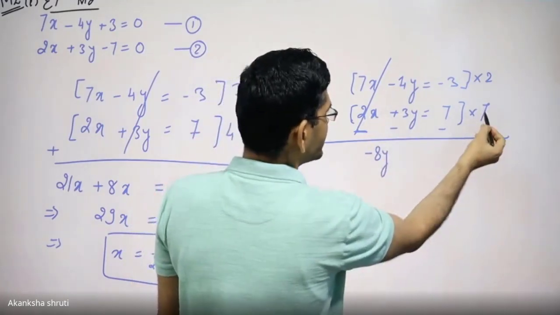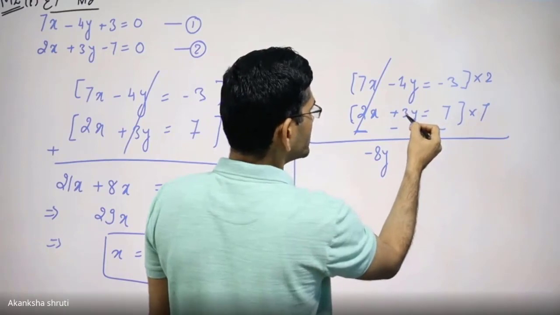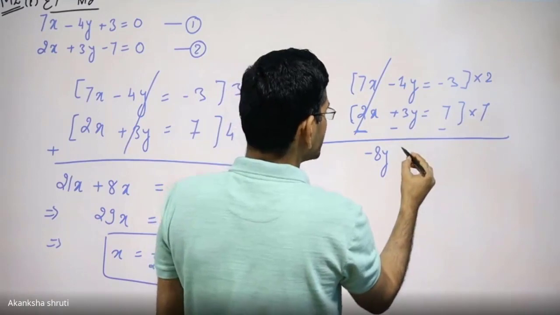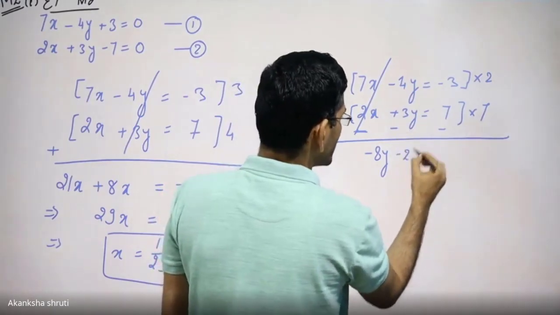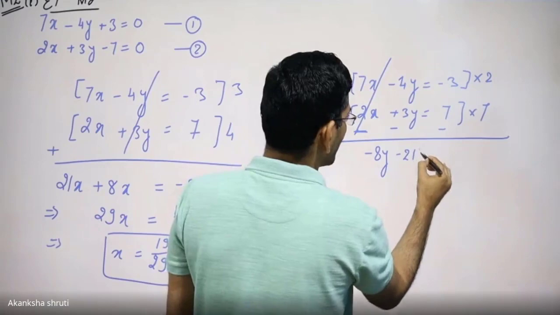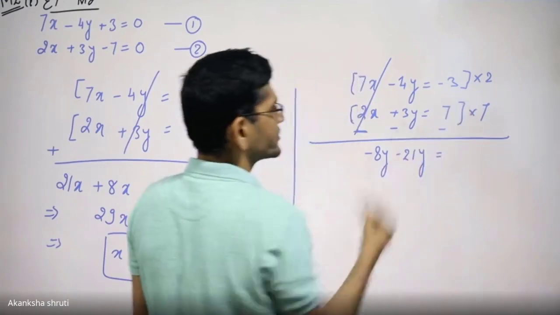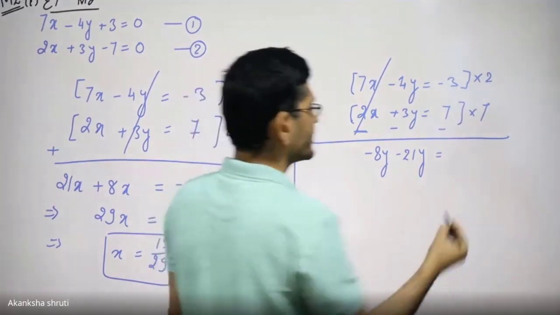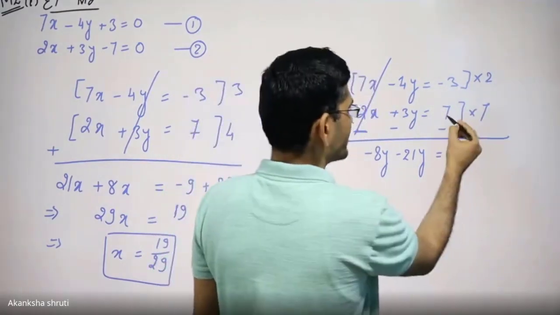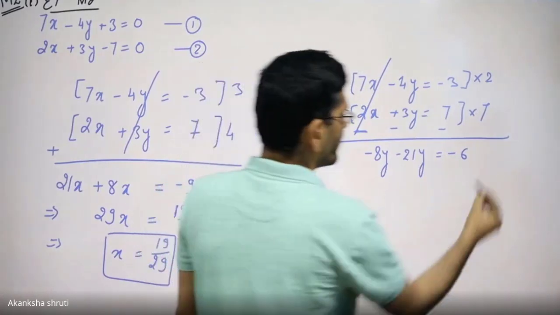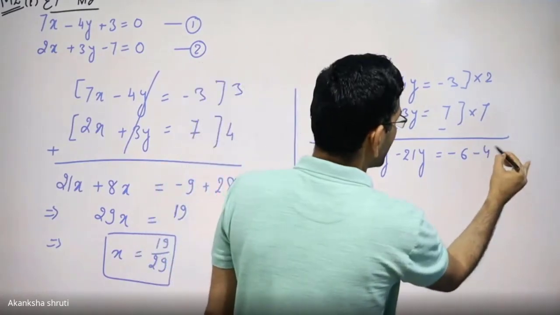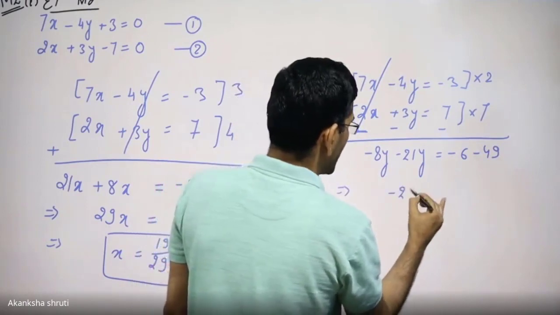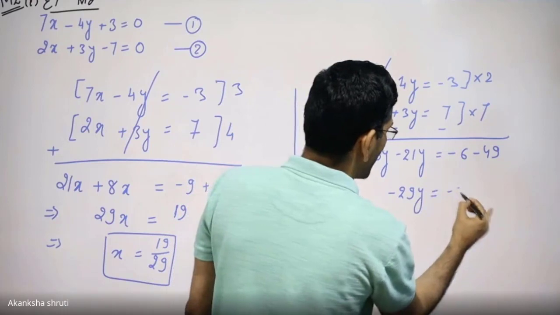From the second, 7 into this 3 is 21, but it is minus 21y. Come to the right hand side, minus 3 into 2, minus of 6, then minus 7 into 7, minus of 49. This implies minus of 29y is equal to minus of 55.